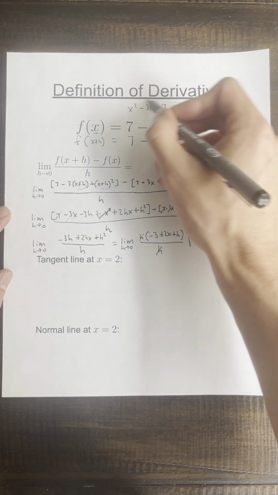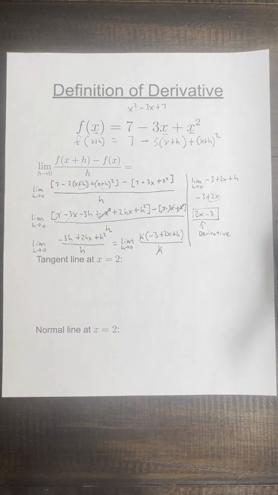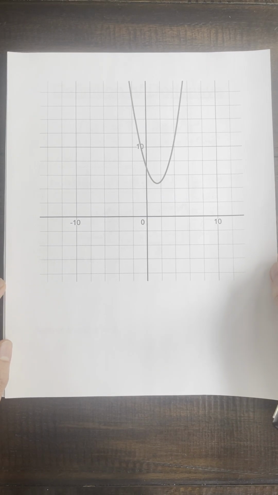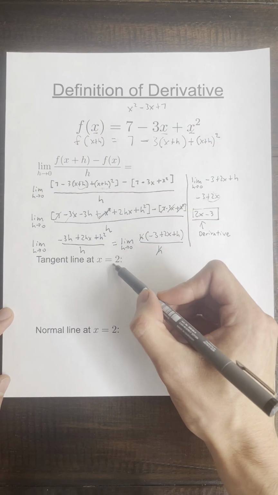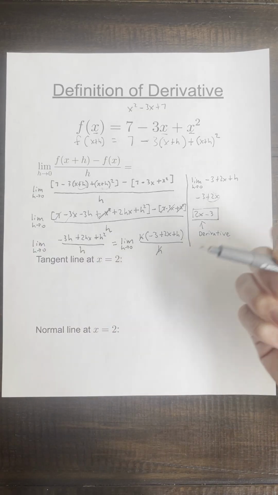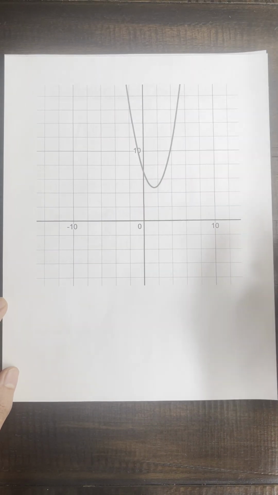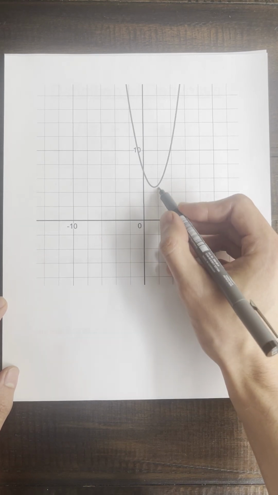This is the graph of a parabola because of the x squared here. So this is what it would look like. Okay, but with our problem, we're interested in what happens at x equals 2. What happens at x equals 2?